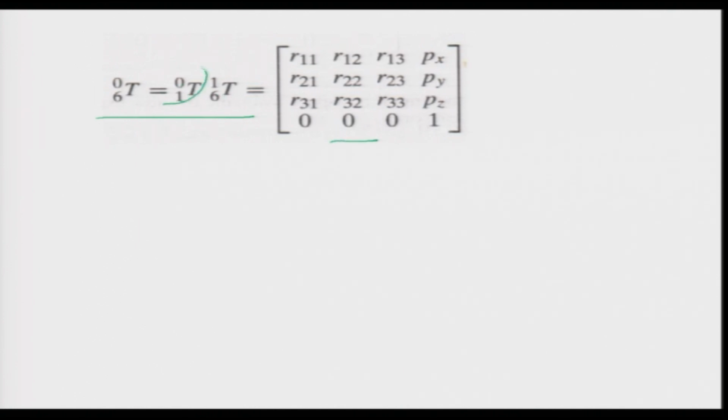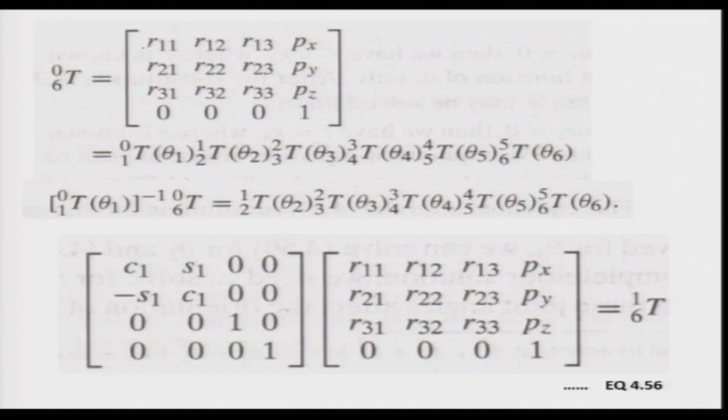If I want to remove this, I can take the inverse and take it that side, and that is essentially what we try and do. So, we take the T 0 to 6 matrix and multiply it with the inverse of T 0 to 1. What it essentially does is remove the first variable, and on the right hand side we have T 1 to 6.